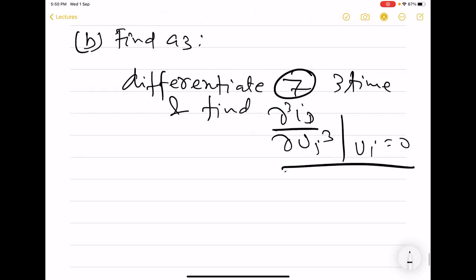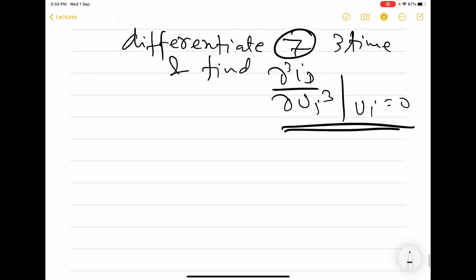Once we solve for this, we can get the expression for A3.